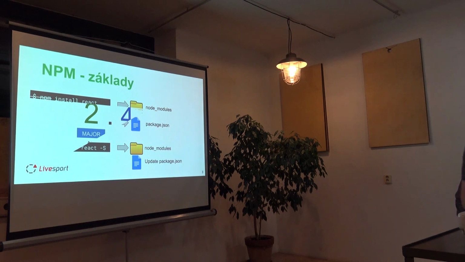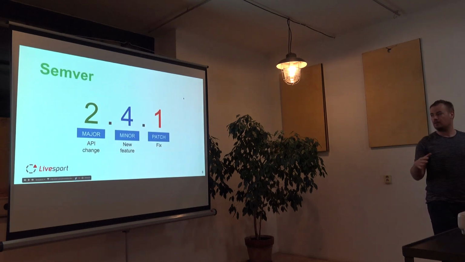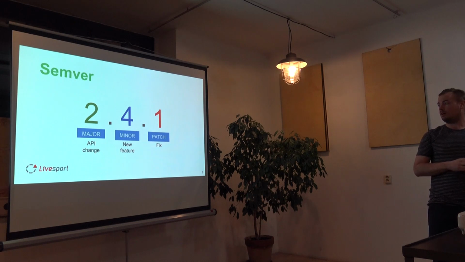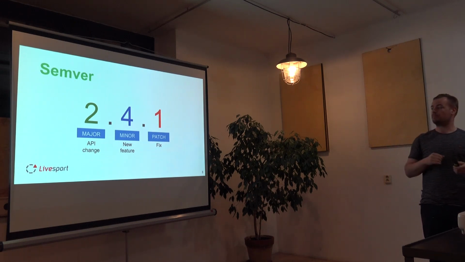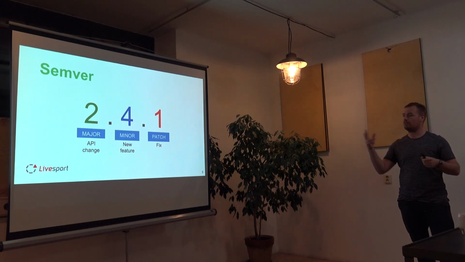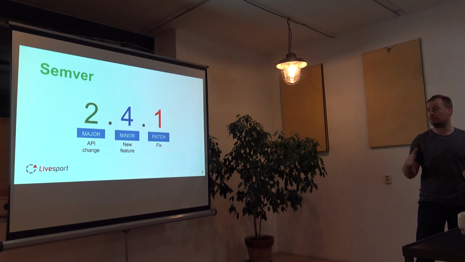Now, I want to talk about semver for a second. Semantic versioning. I know we all use it and we all probably know what it is. I will build on top of it in my next slide, so I just want to stop and tell what it is. You have 3 numbers, which tell you which version of the software you're using.